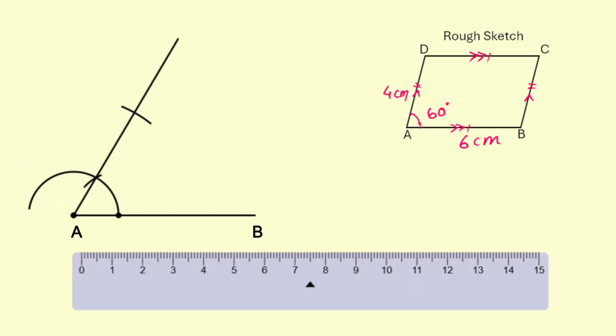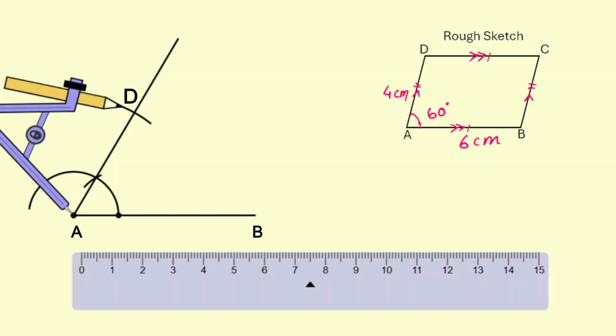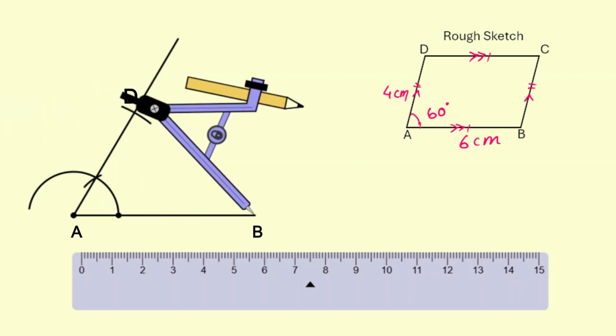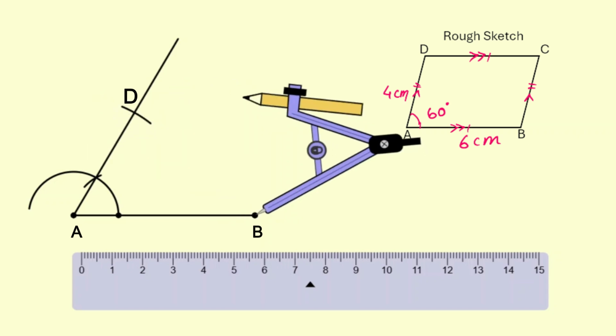I got point D. Not only point D is 4 centimeter away from A, but also point C is 4 centimeter away from B. So I'll put the same compass with same arc radius at point B and make an arc in the direction of C.